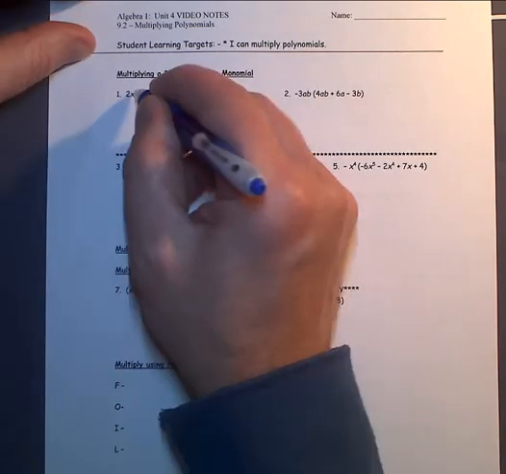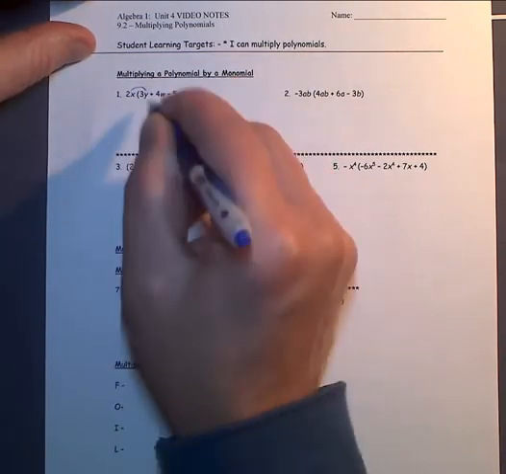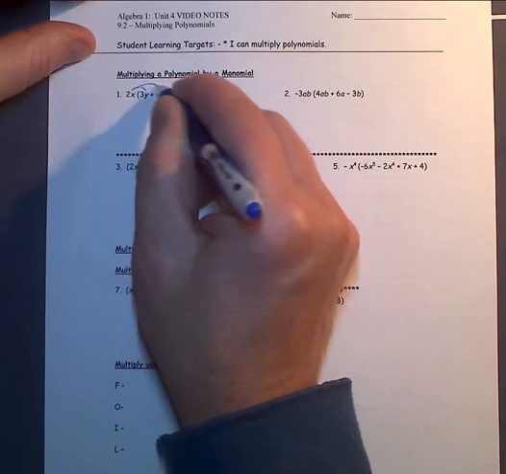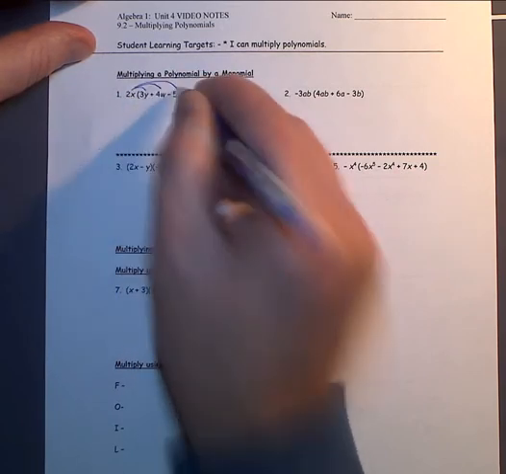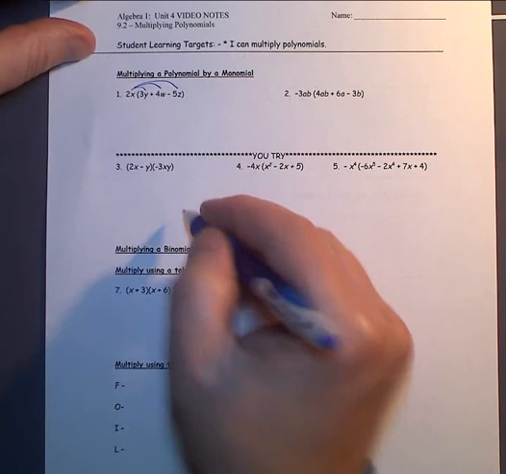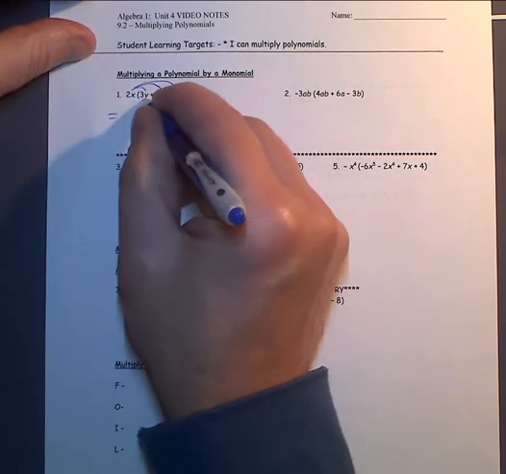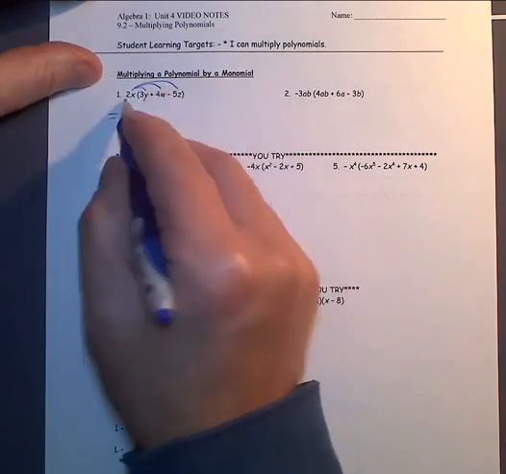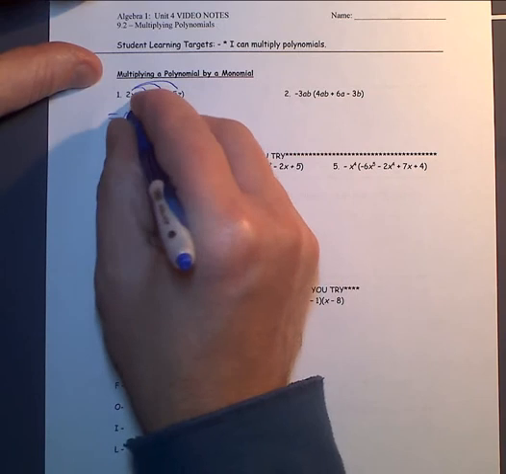So I take this 2x and I multiply it by the 3y, by the 4w, and by the negative 5z. So 2x times 3y, I multiply the numbers together, I get 6, x times y, so it's xy.